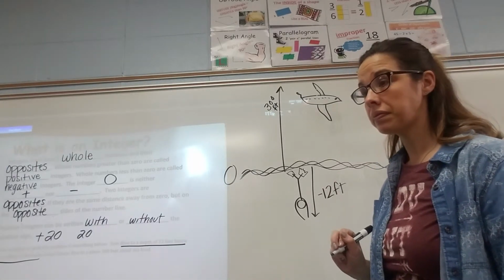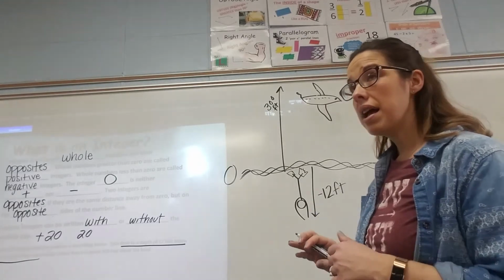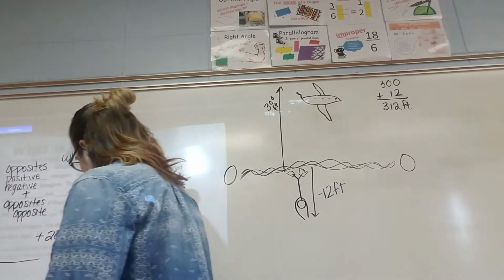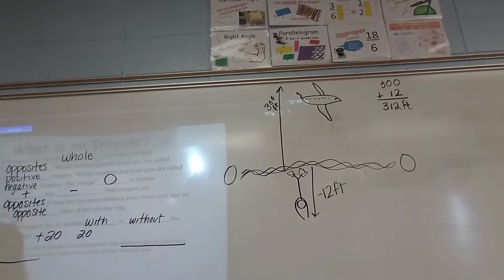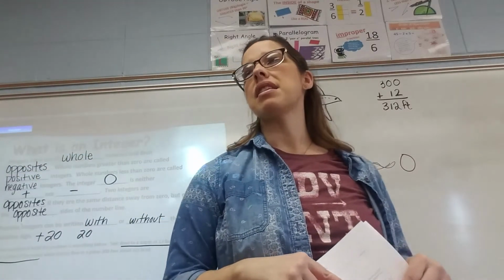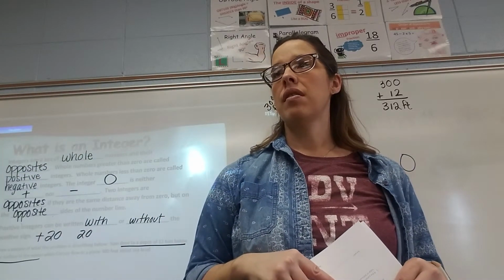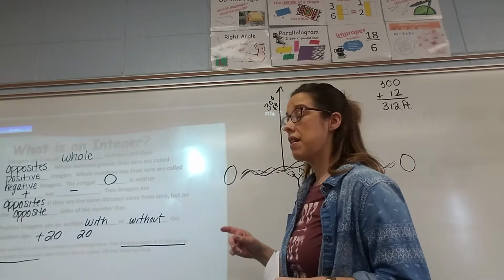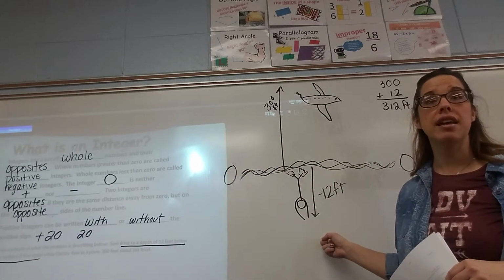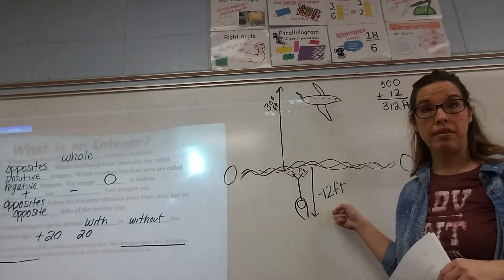Now, a skill that you need to know with integers is, if you're given a situation, you've got to be able to identify the integer that goes with that situation. For example, if he dove 12 feet below sea level, my integer is negative 12.